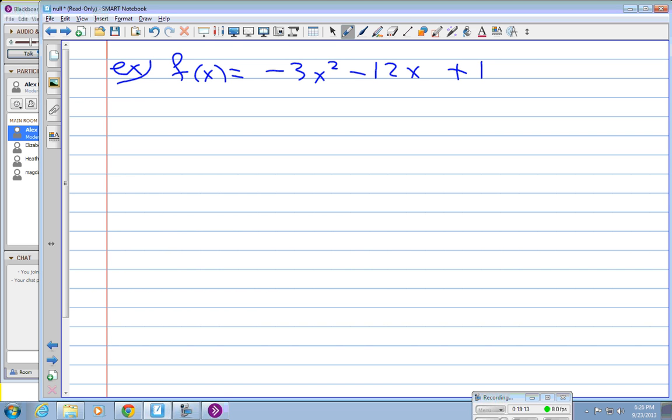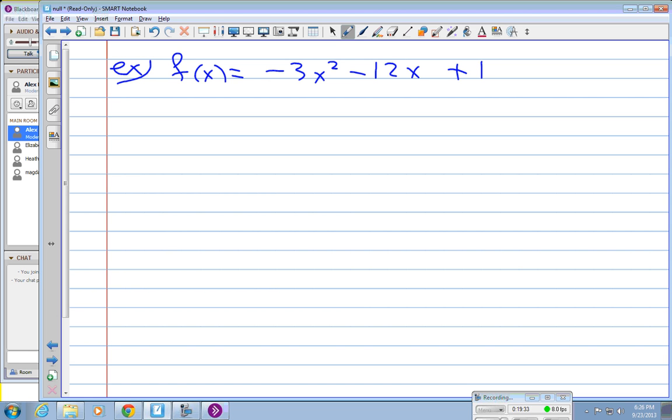Does anybody remember that maybe? Maybe it's in your notes if you took some. Well, that's what you would do in the middle if you don't have a coefficient in front of x squared. But how do you get rid of that coefficient? Yeah, so we were dividing both sides of the equation, in this case by negative 3.